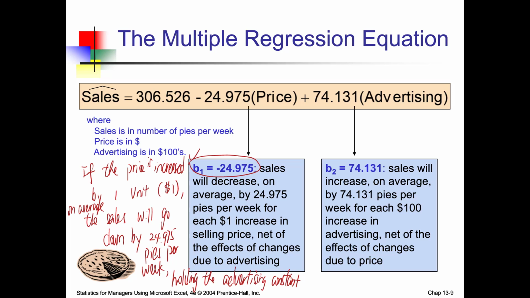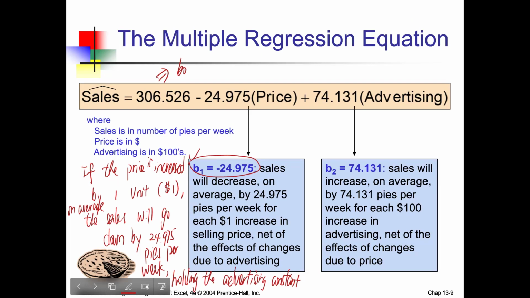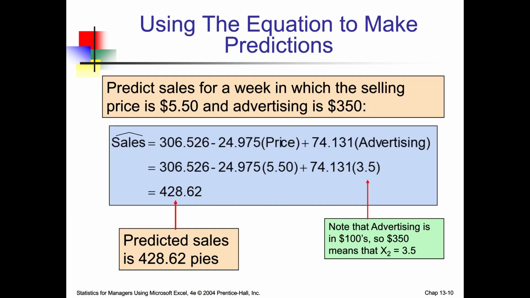And then B0 is 306.526, which happens when x1 equals 0 and x2 equals 0, meaning the price of the pie equals 0, which is not realistic. So we do not have a realistic interpretation of B0. It has no real meaning, because the price of a pie cannot be 0.